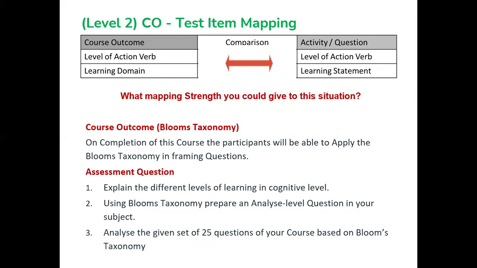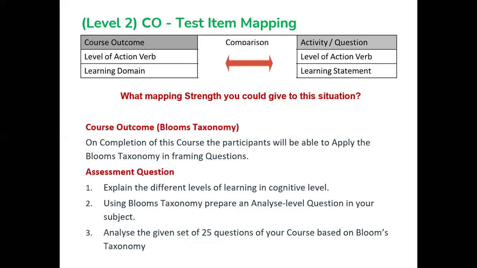Now, how can the first question be mapped with the CO? Suppose we assume that the first question is of remember level, level 1, and my CO is of level 3. If I want to map this question with that particular CO, what would be the mapping strength?